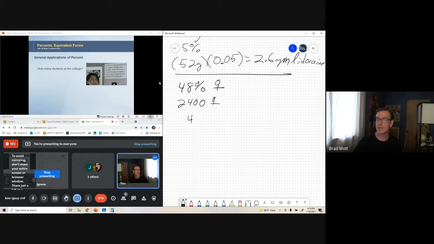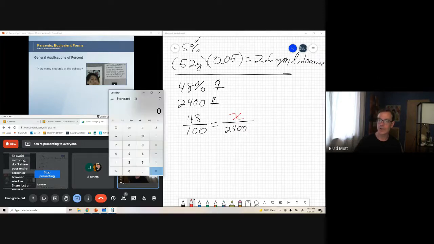So we have 48%. The fraction is 48 out of 100. We know that a percent is a fraction with a denominator of 100, and we know that the total number of females is 2,400, and that is going to give us an unknown of x.